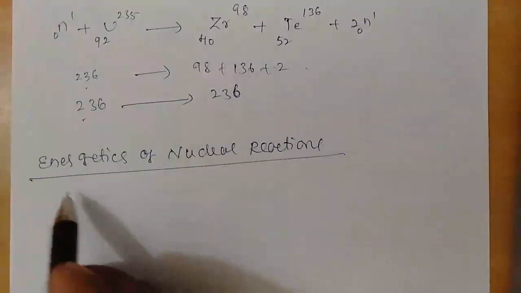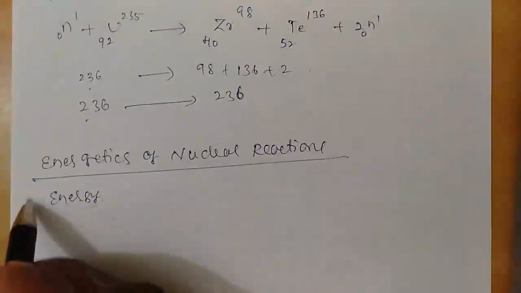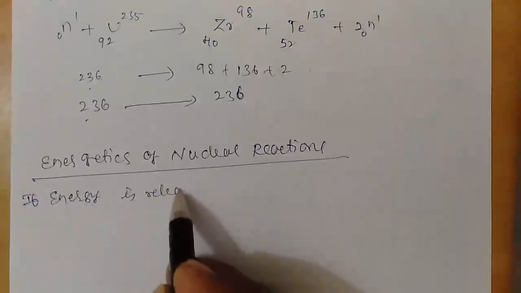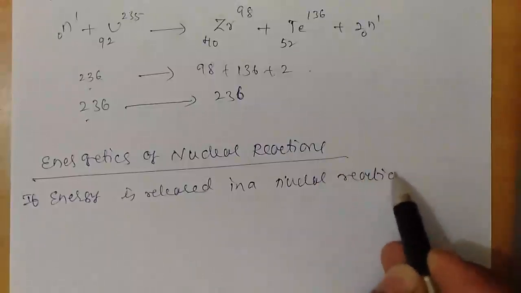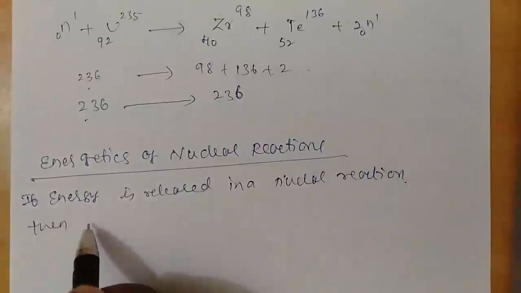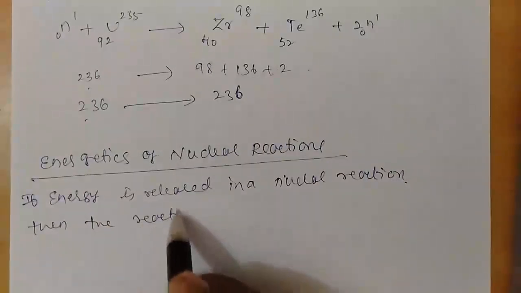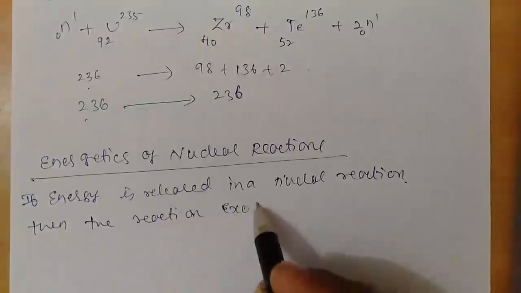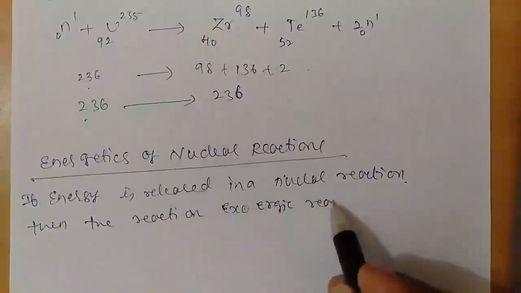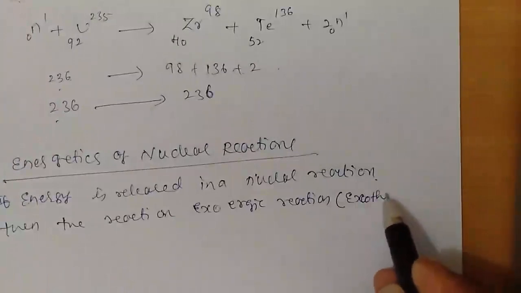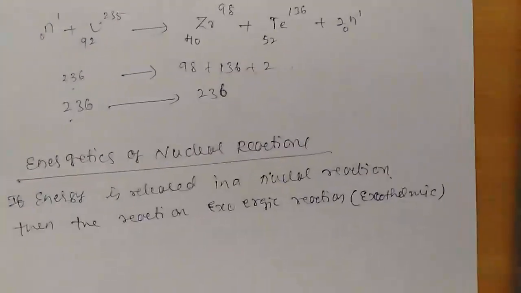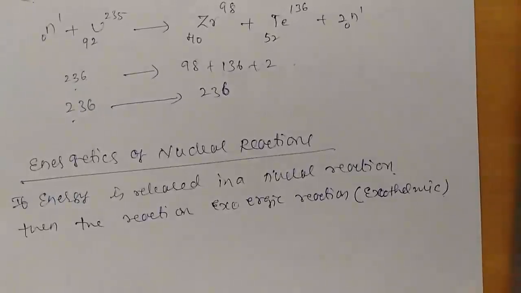If energy is released in a nuclear reaction, then the reaction is called an exoergic reaction, which is also called exothermic. So in any nuclear reaction, if energy is released or evolved, then the nuclear reaction is said to be an exoergic nuclear reaction.